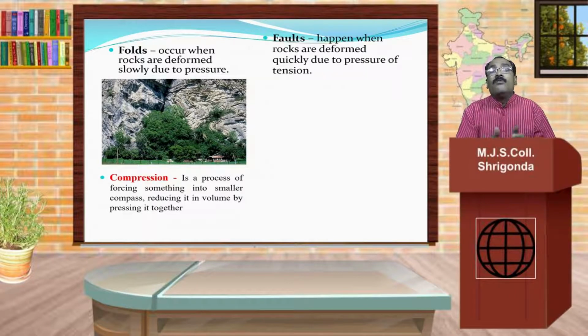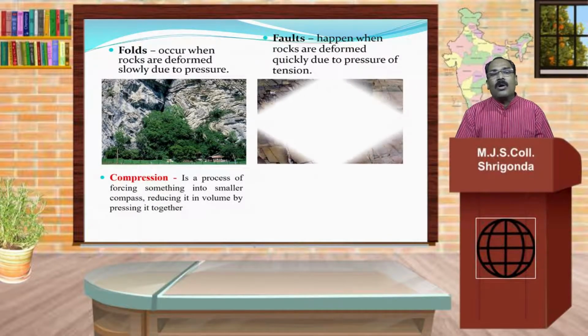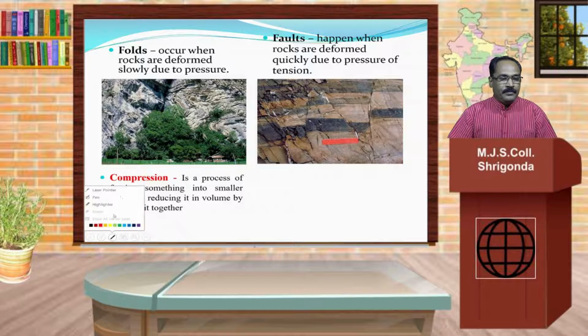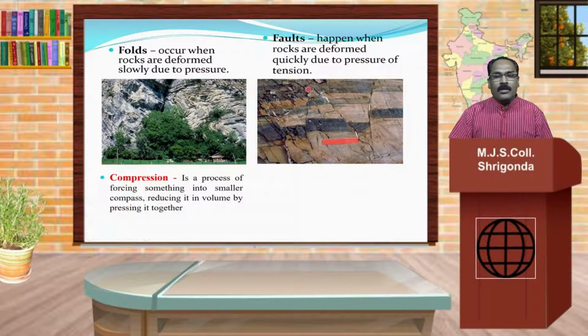Now fault, cracks. A fault happens when the rocks are deformed quickly due to the pressure of tension, the fracture. Here are so many cracks, the tensional force causes faults.